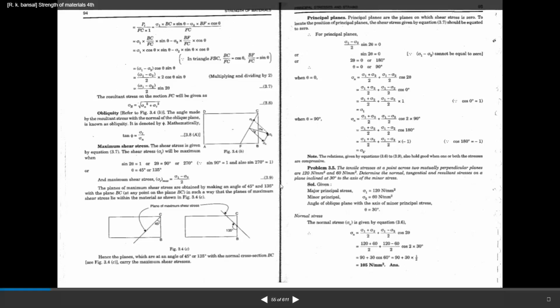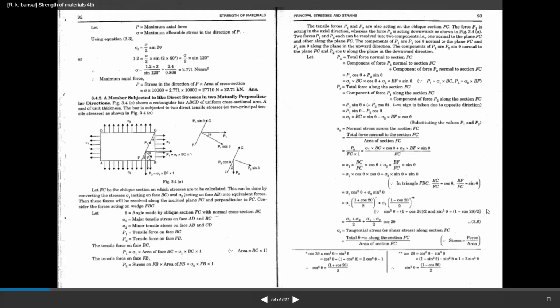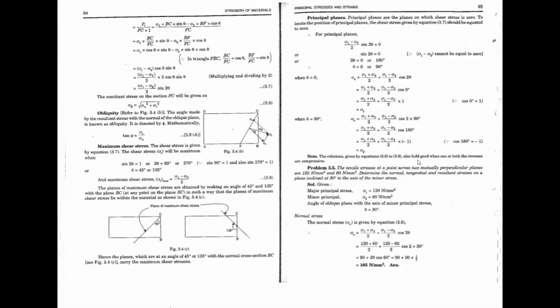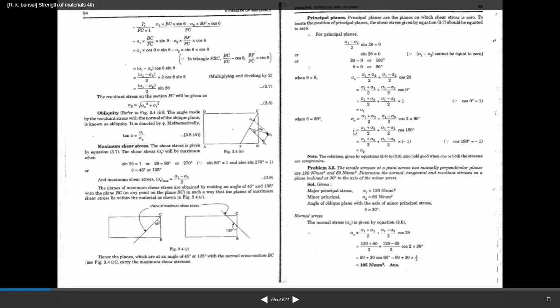See equation 3.6: sigma 1 plus sigma 2 by 2 plus sigma 1 minus sigma 2 by 2 cos 2 theta, and equation 3.9, sigma 1 minus sigma 2 by 2. Those equations also hold good when one or both the stresses are compressive.